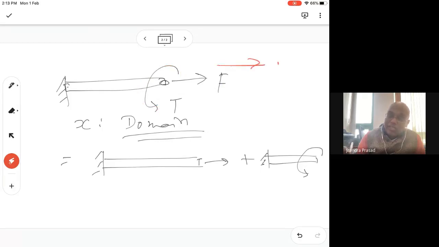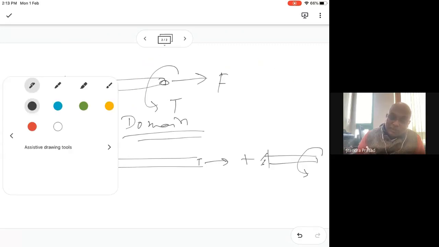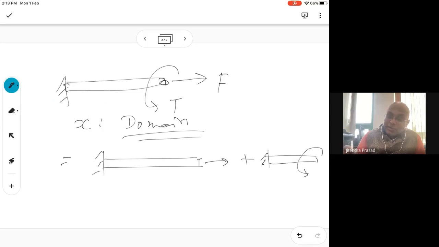One should be U in this direction, then there will be theta accordingly. So you will have U in the X direction, and then a theta in this direction. So 2 degrees of freedom. Your problem is 1D, but you have 2 degrees of freedom, meaning at every point you have 2 dependent variables now.